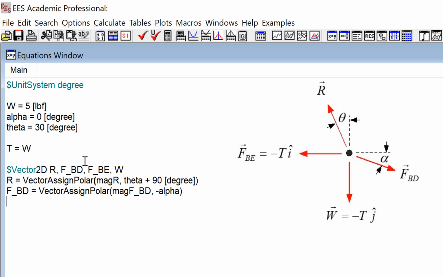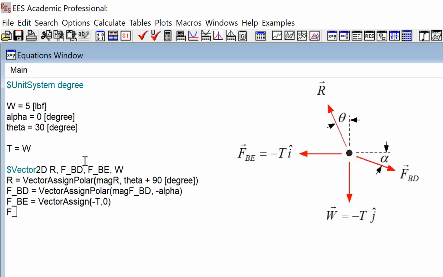Then I have FBE, which is off to the left, in the negative x direction. There are different ways you can do that, but let's just do FBE equals vector assign, and here the x component is minus T and the y component is 0.